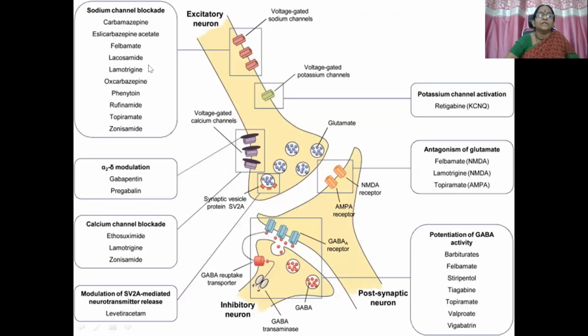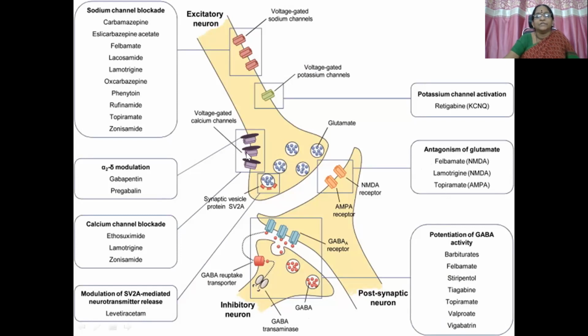Here you can see the same thing, sodium channel blockade, potassium channel involvement with the potassium channel activation, retigabine, then antagonism of glutamate, these molecules, GABA activity, postsynaptic neuron. Then GABA reuptake inhibitors, then SV2A synaptic vesicular protein, levetiracetam, calcium channel blockade, ethosuximide, and alpha-2 delta modulation, gabapentin and pregabalin.